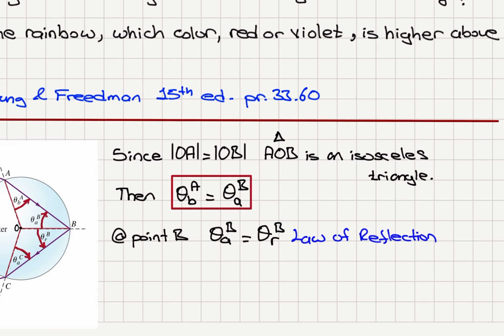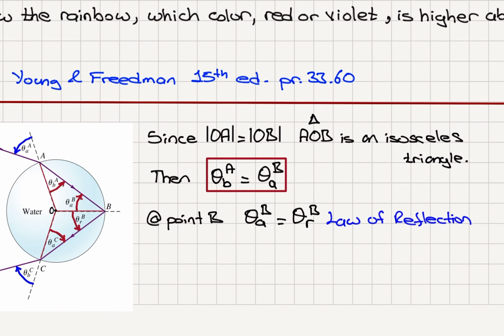And looking at this triangle, BOC triangle, I have another isosceles triangle, which is telling me that the angle of reflection at point B and the angle of incidence at point C must be the same.